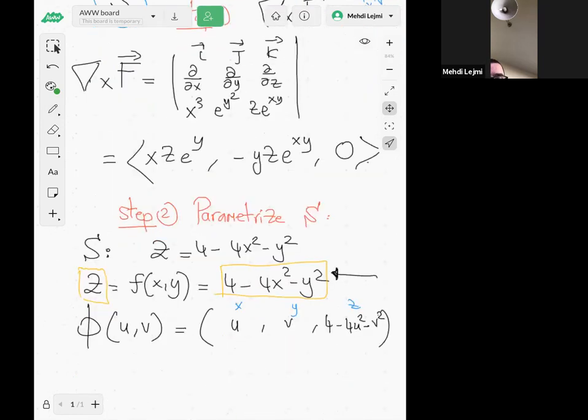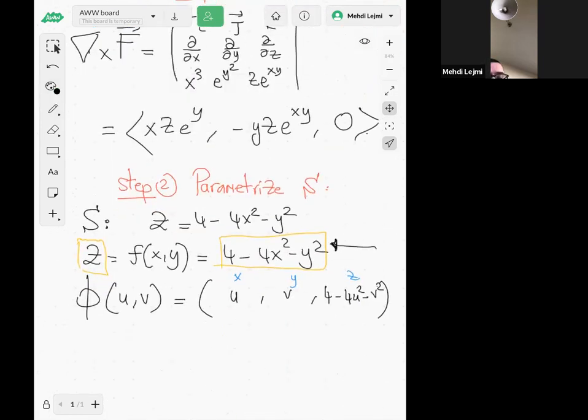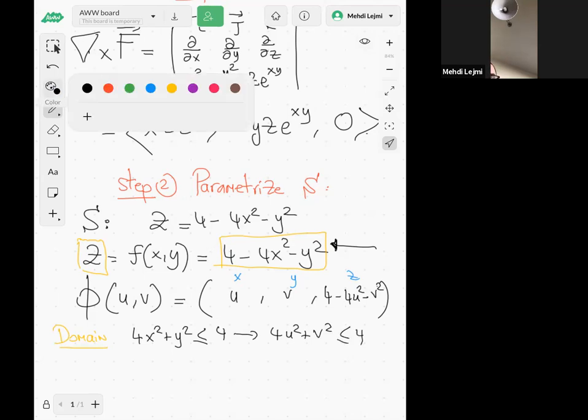So for the domain, in other words, 4u squared plus v squared is less than 4. So this is my domain. It's not exactly the inside of a circle; it's the interior of the ellipse. Anyway, so I got my parameterization.